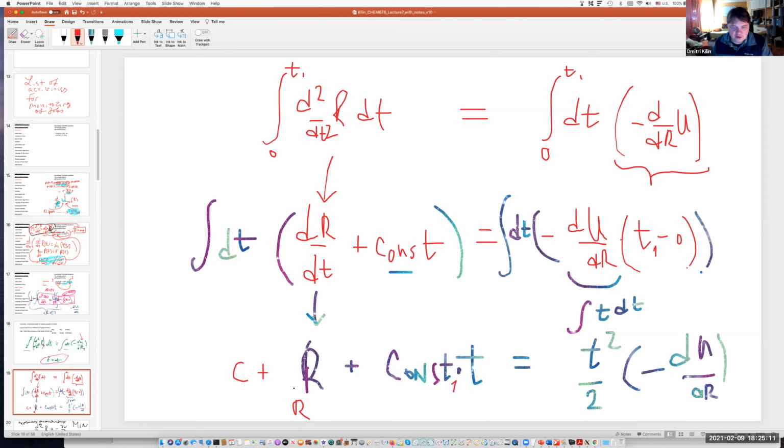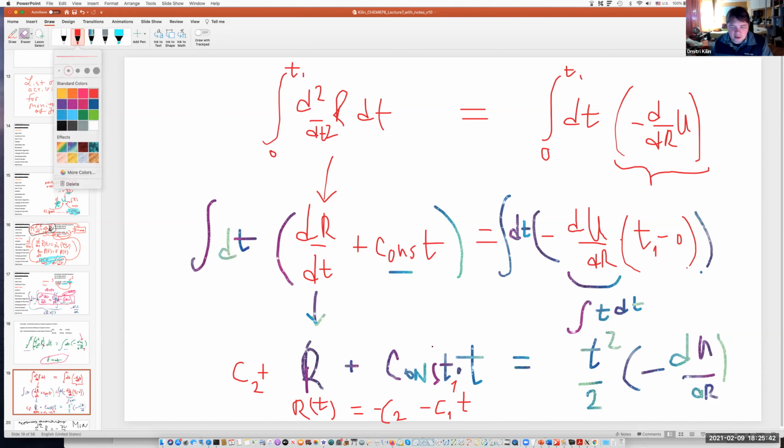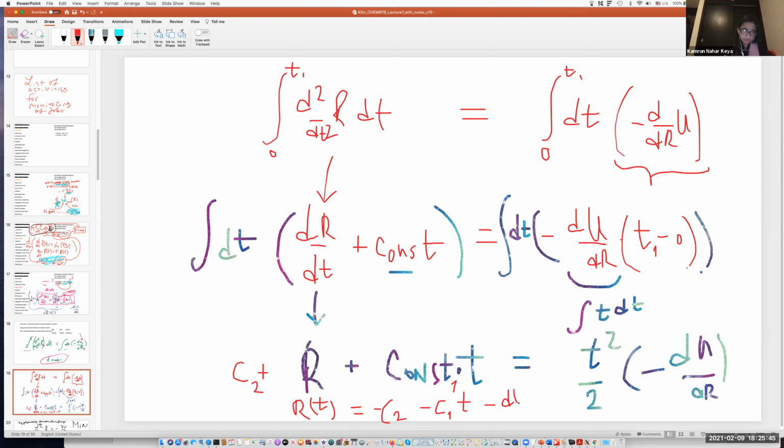Maybe here will be constant 1, here will be constant 2. So our position as a function of t will be, now I put everything else on the right side, constant 2, plus constant 1 times t, minus gradient dU/dr times t squared over 2, right?